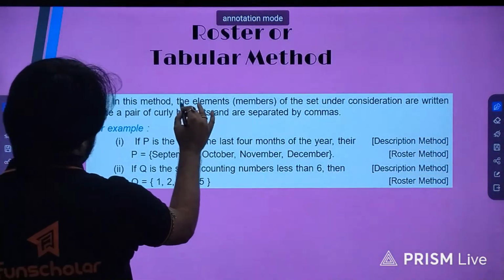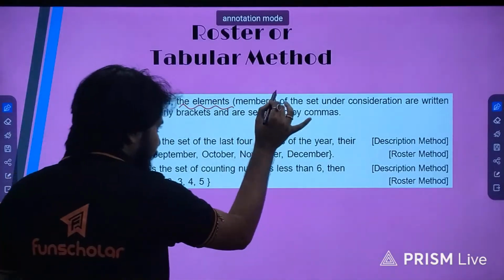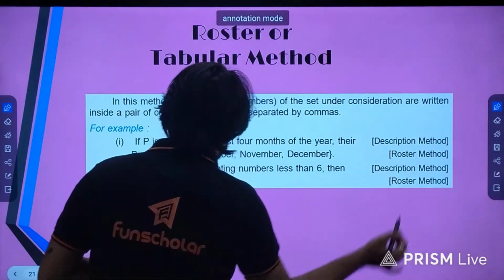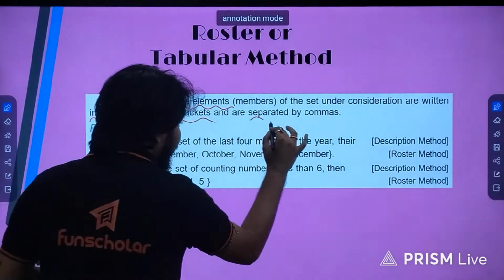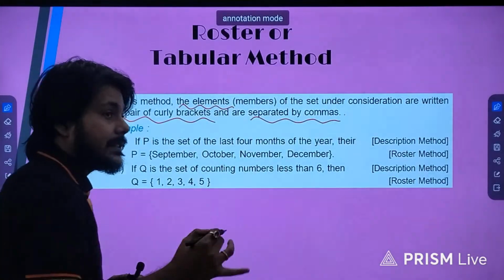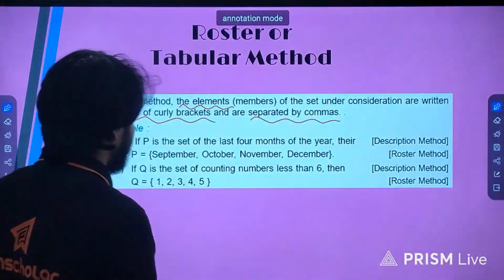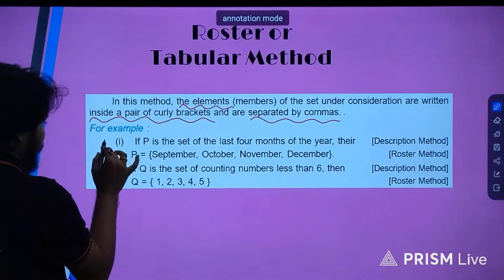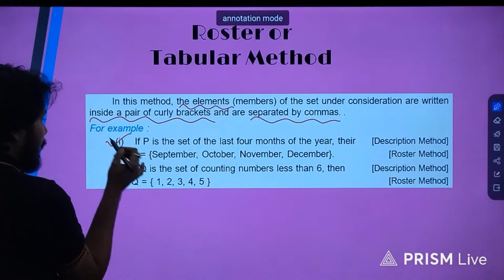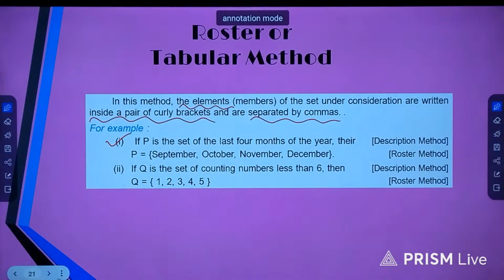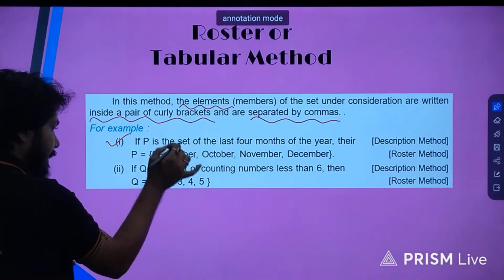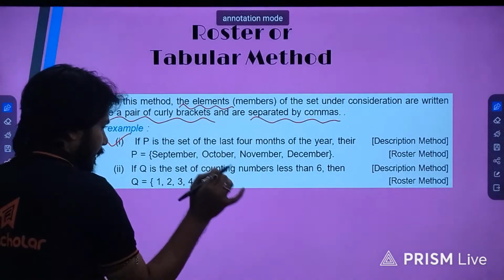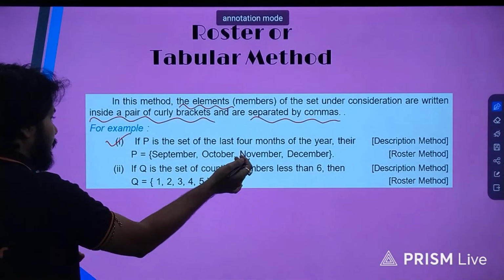In this method, the elements of the set under consideration are written inside a pair of curly brackets and are separated by commas. Now, looking at the first example, if P is the set of the last 4 months of the year, how can we write this?